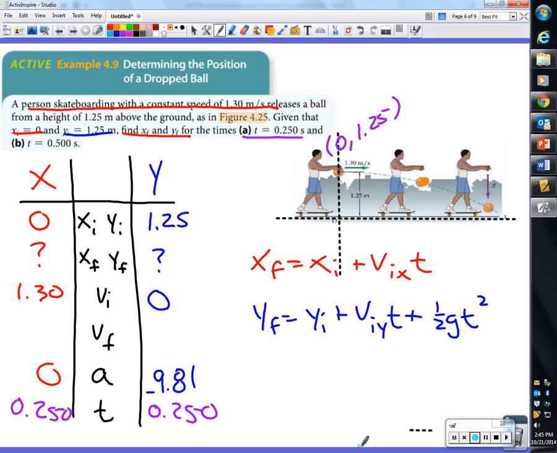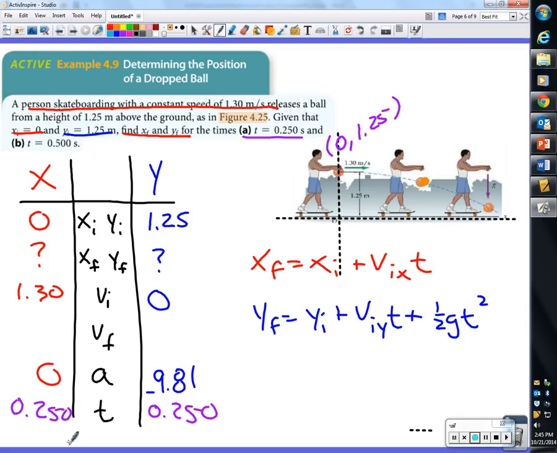But in this problem specifically, acceleration is negative, so we're plugging a negative number into that spot right there. So go ahead, plug in the numbers that you know. Solve for what you need to solve for.